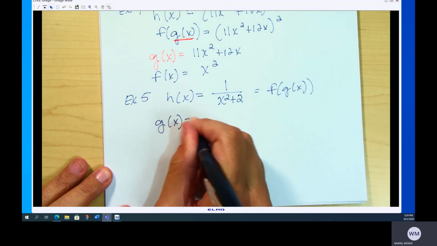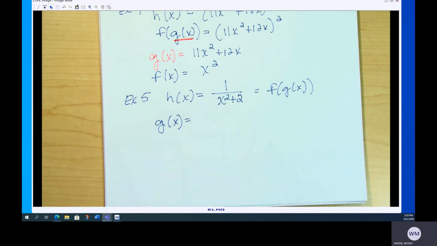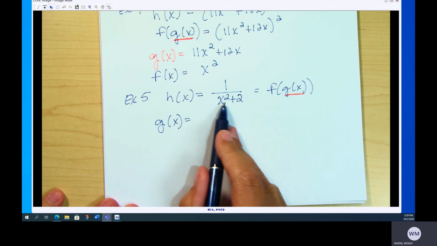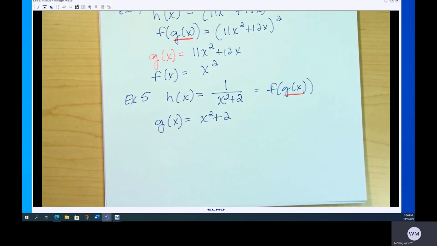Okay, the one thing you cannot say is I plugged x into 1 over x squared plus 2. That would be useless. I could say that for every single problem. So you can't use that. So what could have been my substitution? Well, my replacement could have been x squared plus 2.